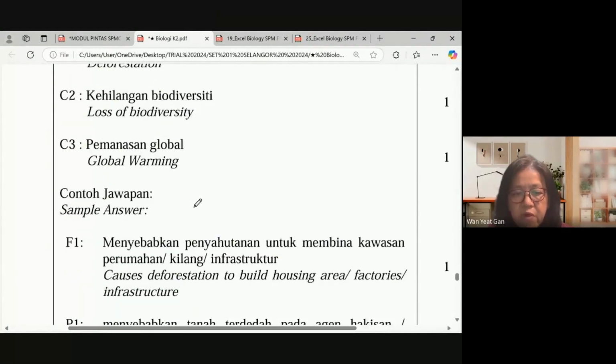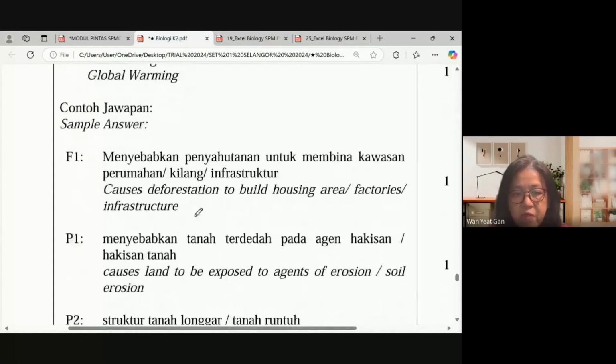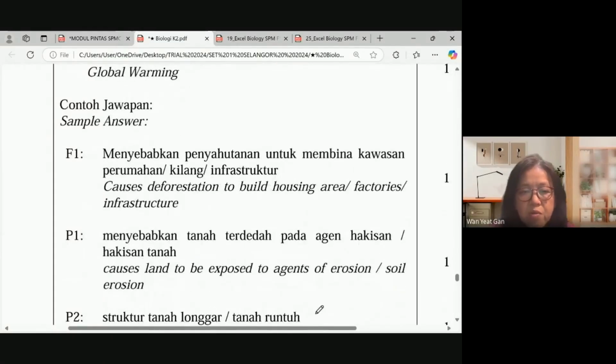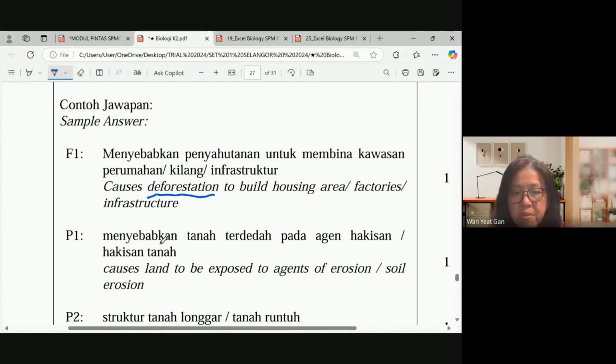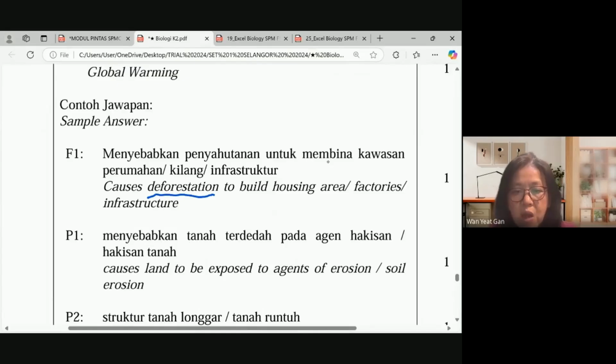Okay, first of all, we look at the aspect of deforestation. Now, when you say deforestation, we are talking about large removal of trees for the purpose of building new housing areas, factories, to accommodate the increasing number of people, the population.